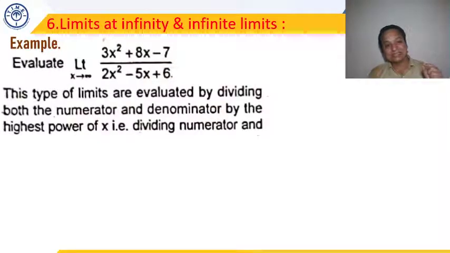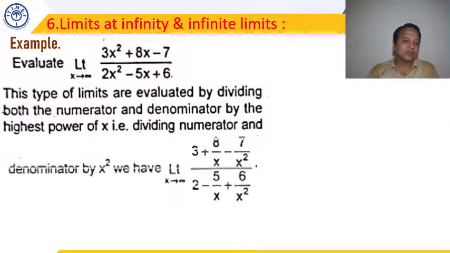So this type of limit is evaluated by dividing both the numerator and denominator by the highest power of x, that is x square, because x square is the highest power in both the numerator and denominator.